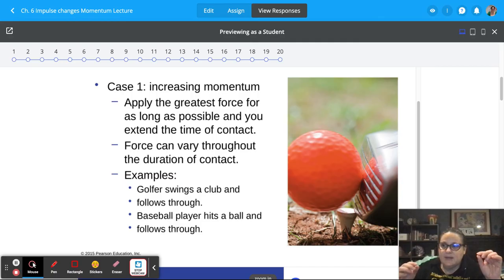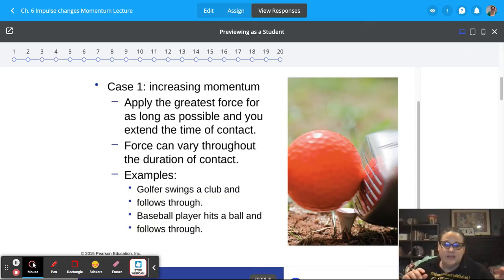So if I have a momentum of 10 and I apply a force, I might change that momentum to 20. If I apply that force over a longer period of time, I might change the momentum to 30. Depending on what you're trying to do, you may want to make the momentum change the greatest or the smallest.